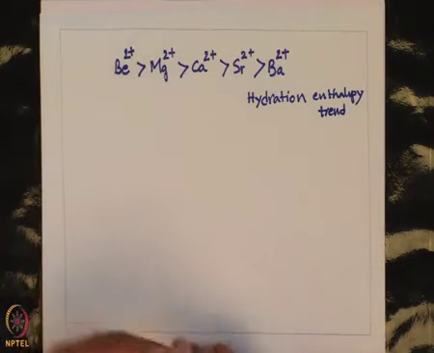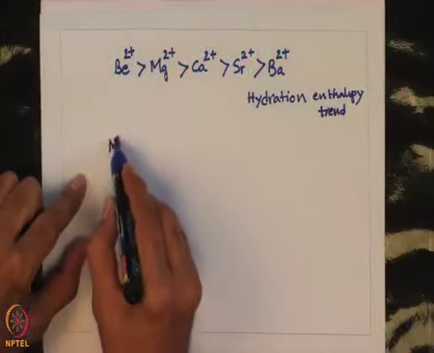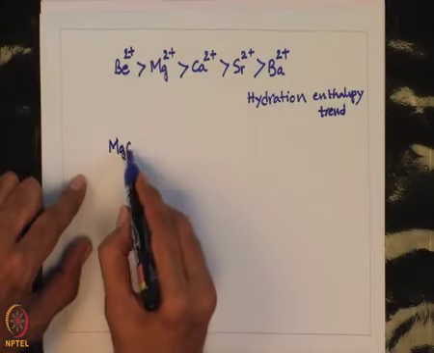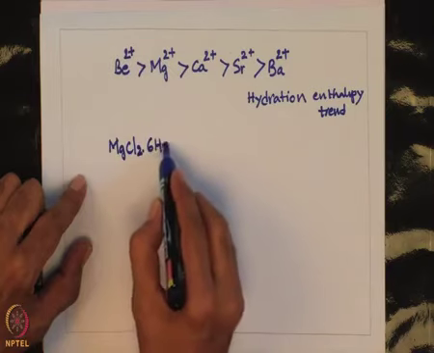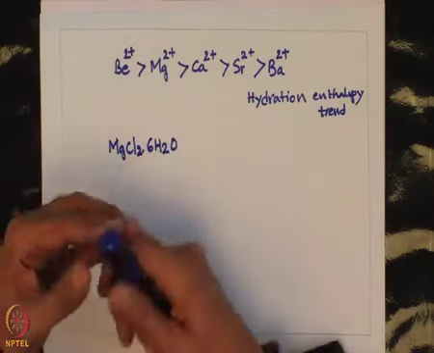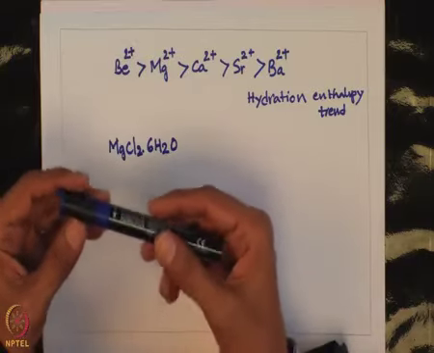And due to the larger charge density, group 2 elements are more extensively hydrated compared to group 1 elements. Example, magnesium chloride is hexahydrated.